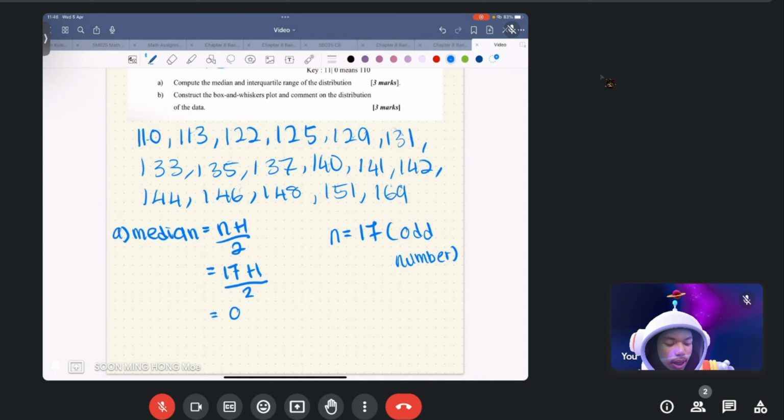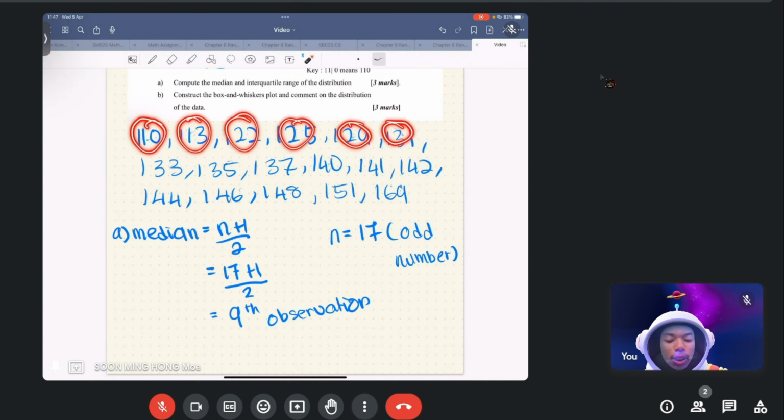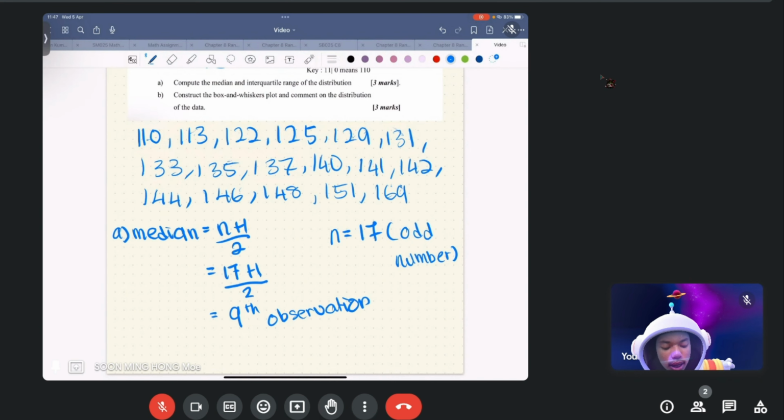The answer is 9 observation. We must count the 9 observation at the data above. So 1, 2, 3, 4, 5, 6, 7, 8, 9. So the answer is 137.